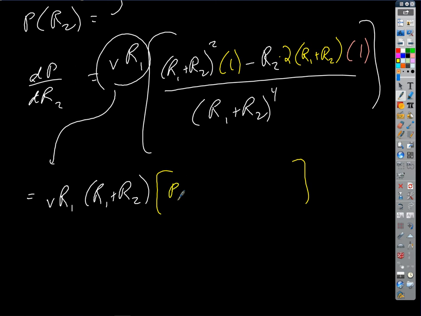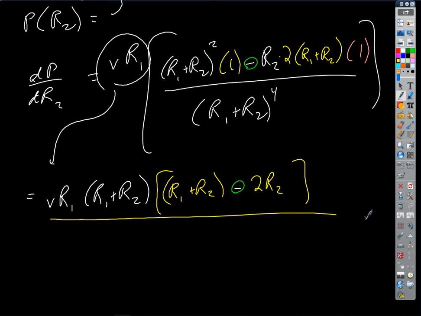So I get an R1 plus R2 minus, and I'm going to put a green circle around that so we can see that that's the same minus sign separating the terms. Then on the other side, all we're left with is just 2R2, okay? And then that whole thing is divided by the denominator, R1 plus R2 to the fourth.